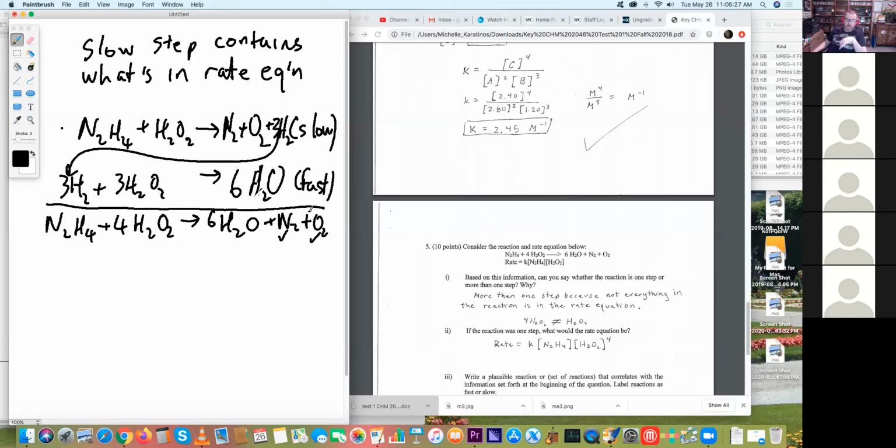The reason I chose 3 H2O2s is because we have 4 H2O2s as reactants. So those must be reacting with the other 3 H2O2s. So that would be a plausible fast step there. And you can see it does balance out to 6 H2Os, which is what we needed in the end anyway.